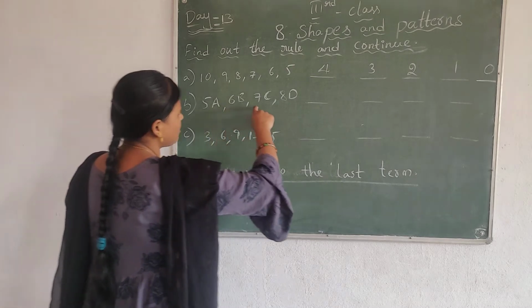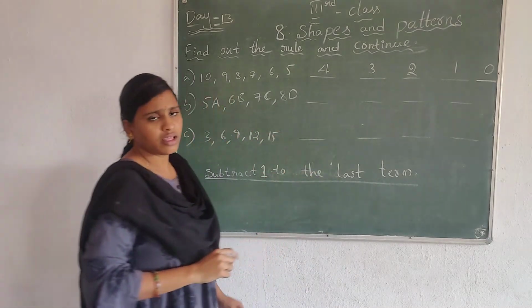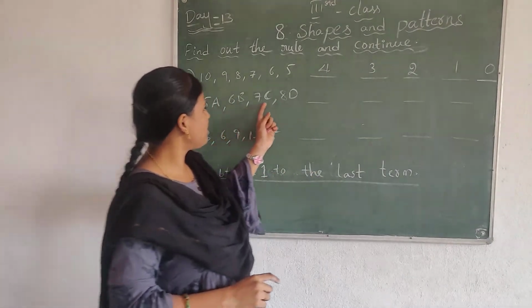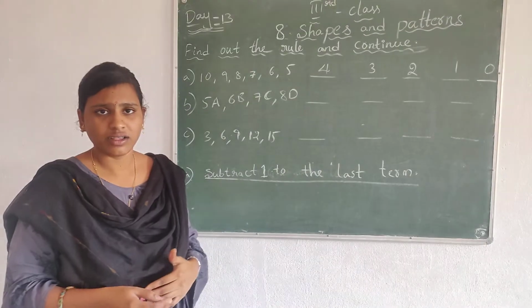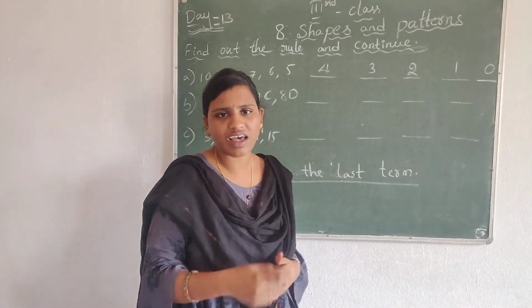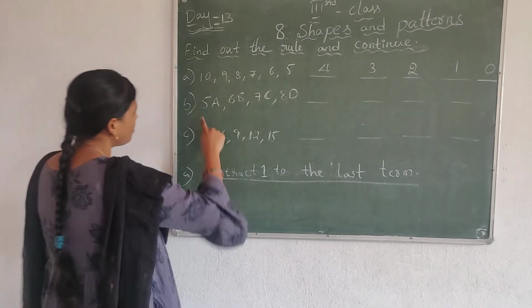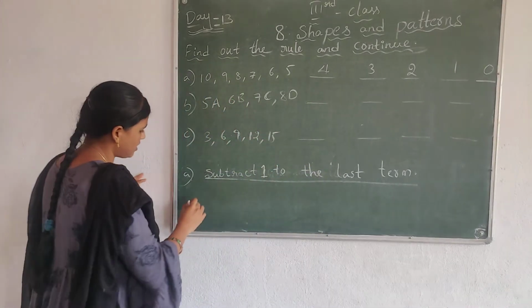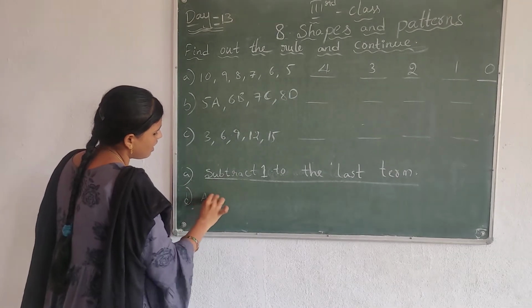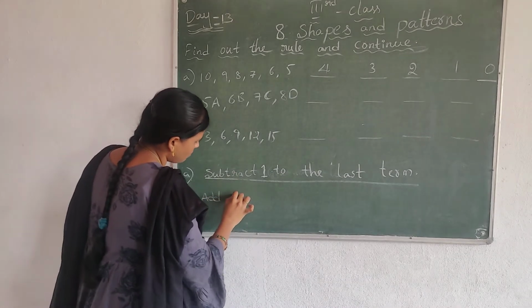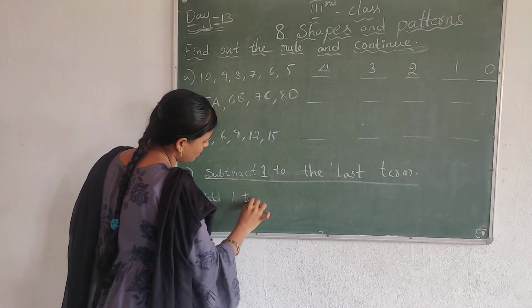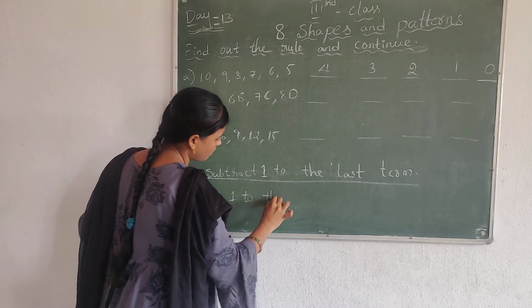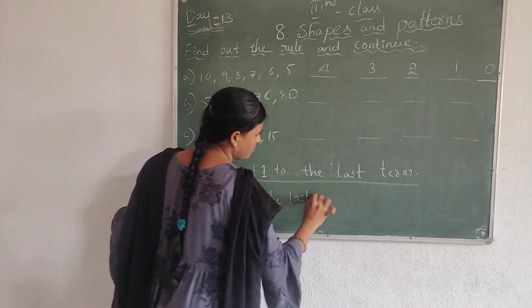5A, 6B, 7C, 8D. That means numbers 5, 6, 7, 8 and letters A, B, C, D. So the next numbers are coming. 5 plus 1 is 6, 6 plus 1 is 7, 7 plus 1 is 8. That means add 1 to the last term.